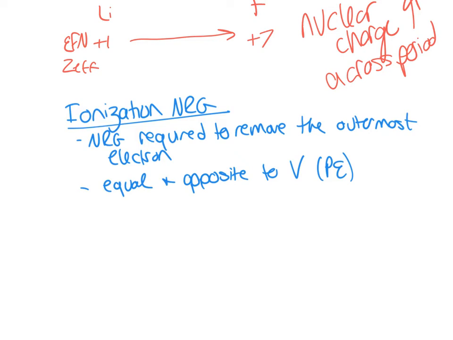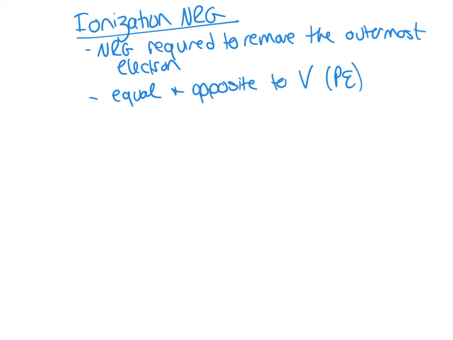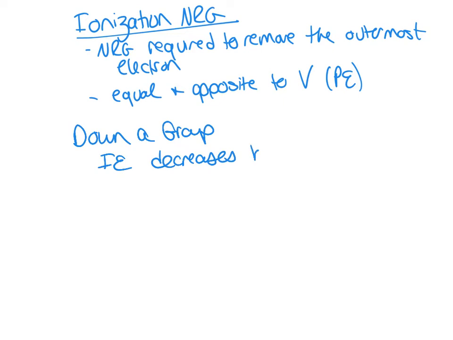Now, as you go down a group, okay, that's like group 1, group 2, group 3, the ionization energy is going to decrease because of added shells of electrons.